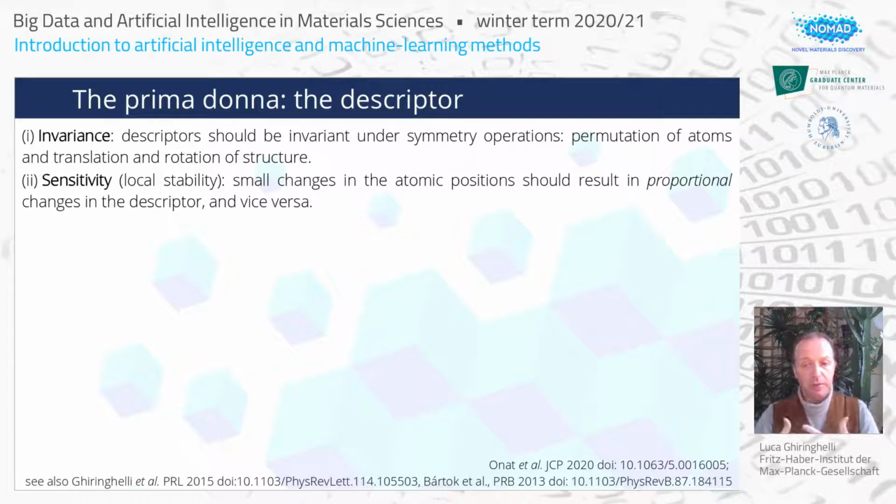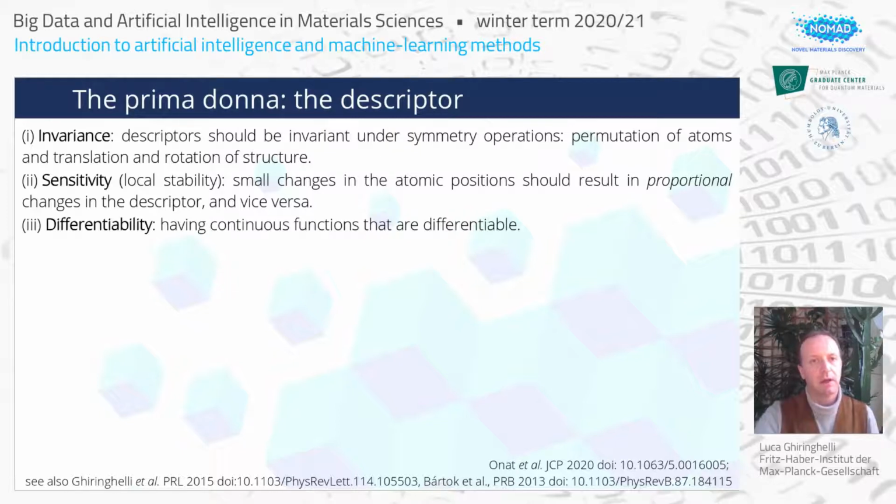On the other hand, of course, if properties change fast with some small changes of the descriptor, one should not be too rigid about this constraint. So there could be some abrupt changes that need to be captured.